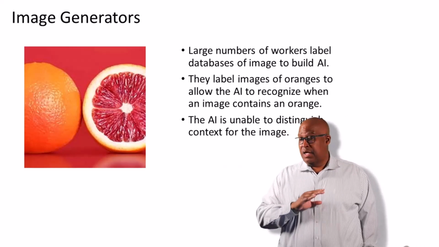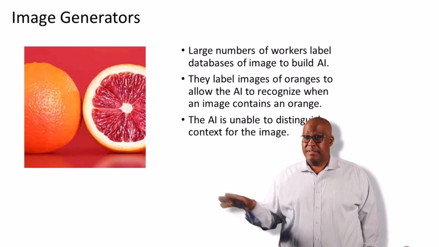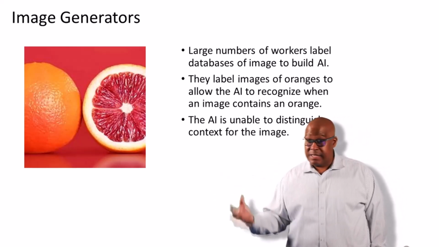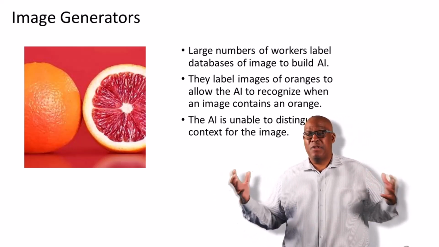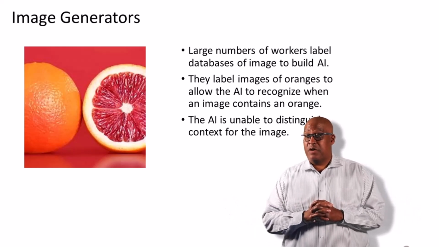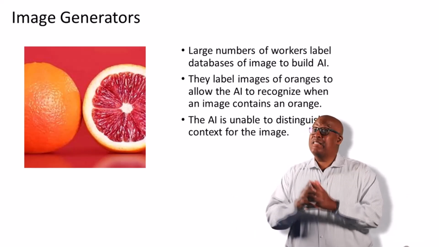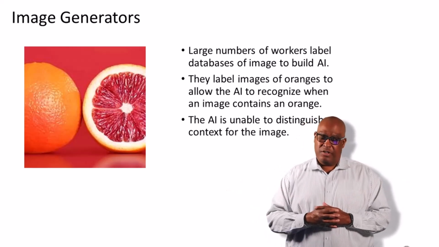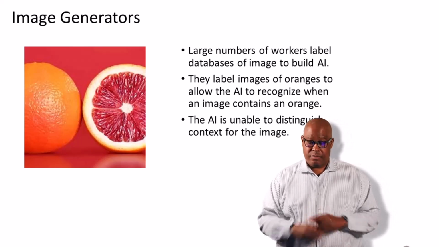It has no way to distinguish context. What kind of orange is this? Is this a blood orange? Is it a Valencia orange? It has no way to sort of do that. So those image generators can only tell you that this image does, in fact, contain an orange, but it can't tell you what kind of orange is in that image.